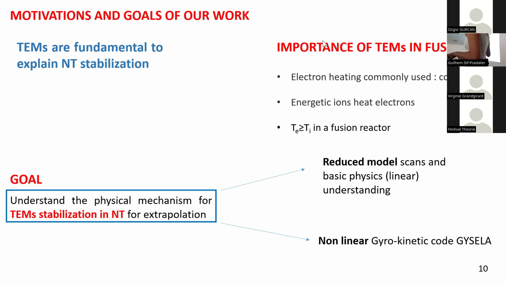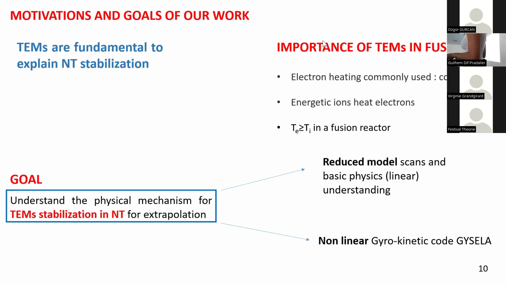In order to achieve this, we use a double approach. The first one is a reduced model, which is interesting because it allows us to scan a broad range of parameters and to have a physical understanding of the key parameters playing behind the stabilization in negative triangularity.